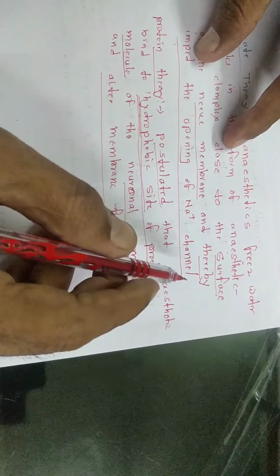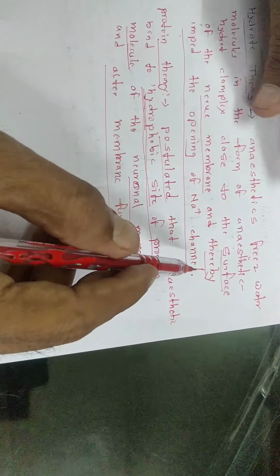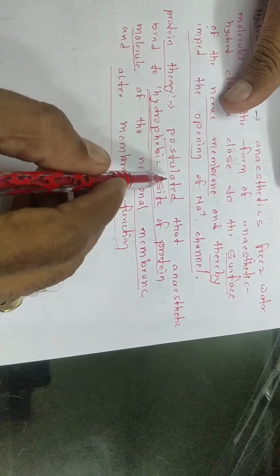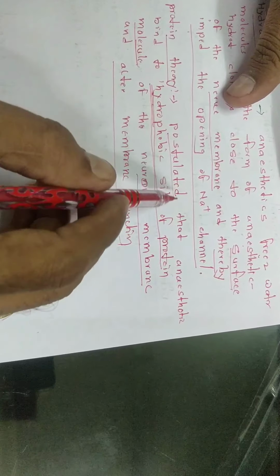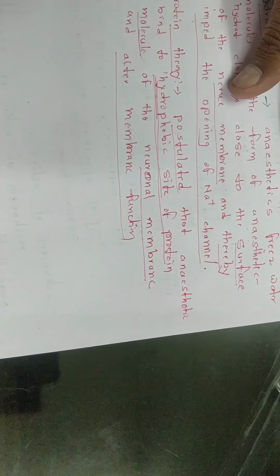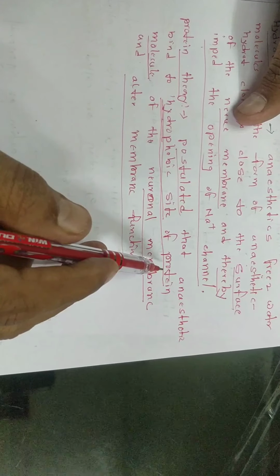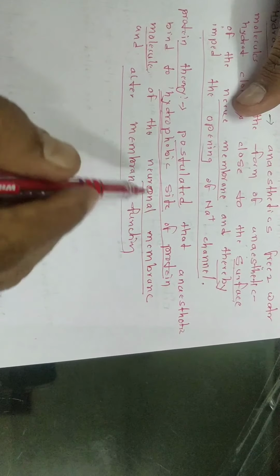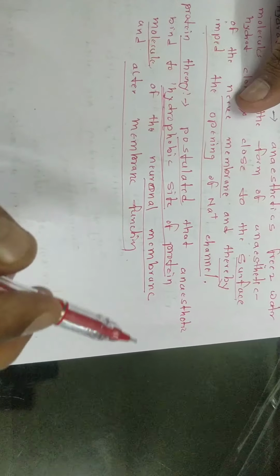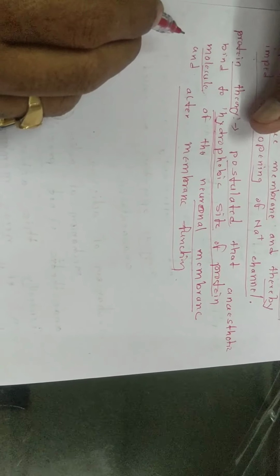The protein theory is a postulated theory that the anesthetic binds to the hydrophobic site of the protein molecule on the neuronal membrane and alters the function of the membrane. Okay, now the next topic.